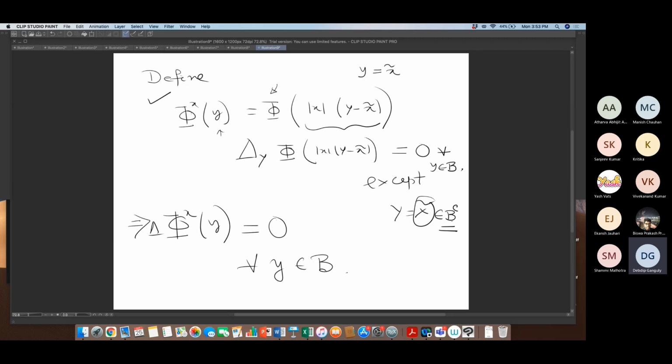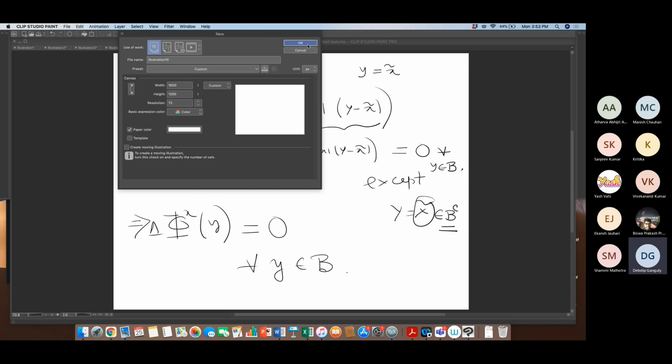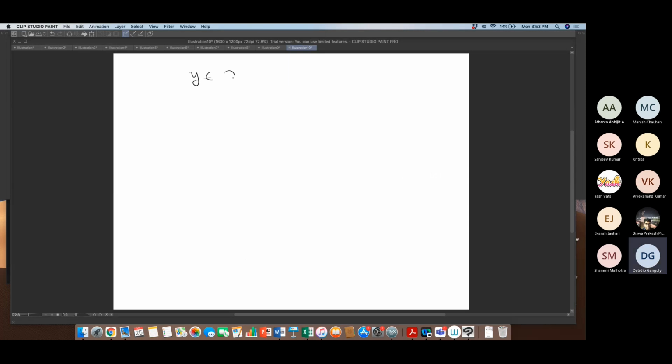Now you see that. So now we have to compute this at the boundary del B. Suppose y is in the boundary, then what is the distance? So y is in del B means mod y is equal to 1.